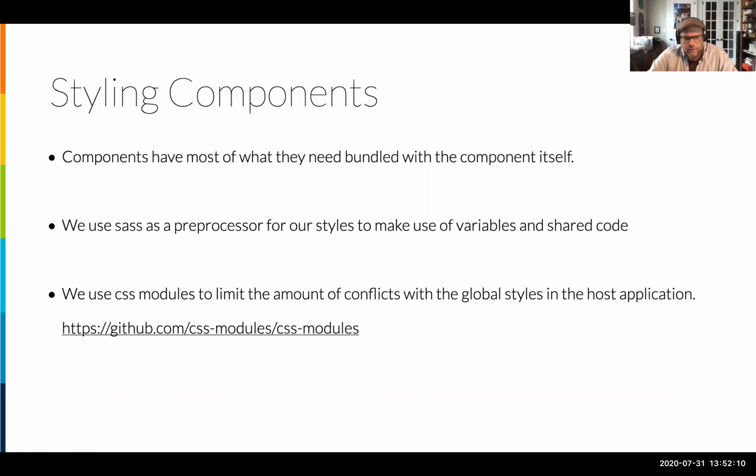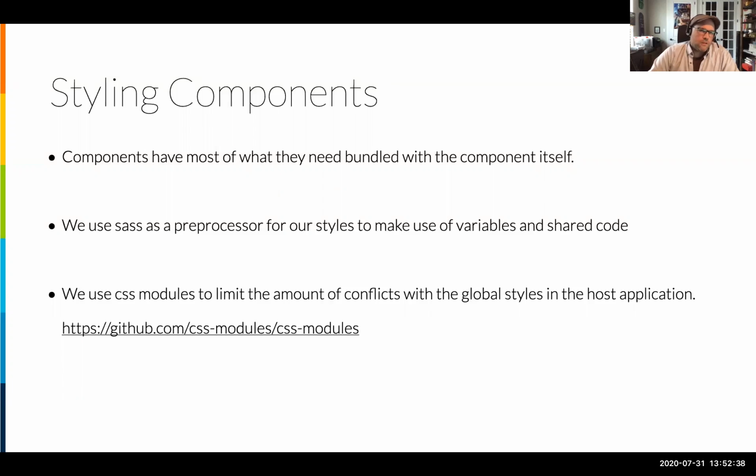And we're using the CSS modules pattern to eliminate as many CSS conflicts as we can, and unexpected inheritance problems. And there's a link there. If you aren't familiar with how CSS modules works, it basically creates a unique class name for every module.